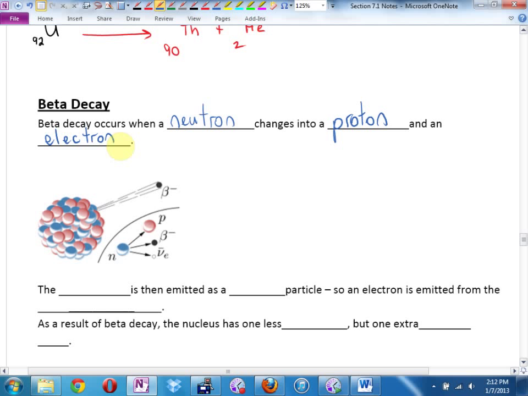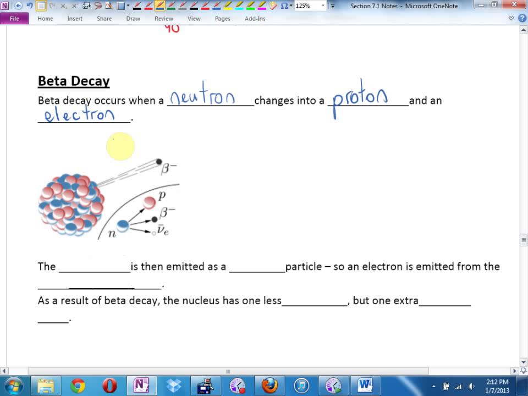Sometimes they decay, they break up. So when it breaks up, the proton stays inside the nucleus, but can electrons stay inside a nucleus? Where do electrons fit inside our atomic model? You guys know this. Where do electrons fit? The electron gets ejected from the nucleus, the proton stays inside the nucleus, and you get a new atom, a new element.